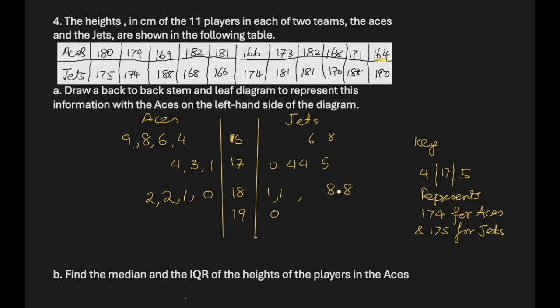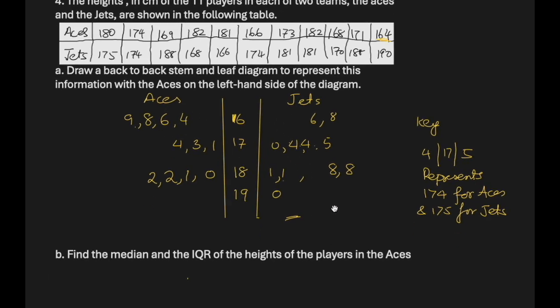So you can close the gaps accordingly. 1 2 3 4 5 6 7 8 9 10 11. Done. I have drawn the stem and leaf diagram back to back for these two, aces and jets.